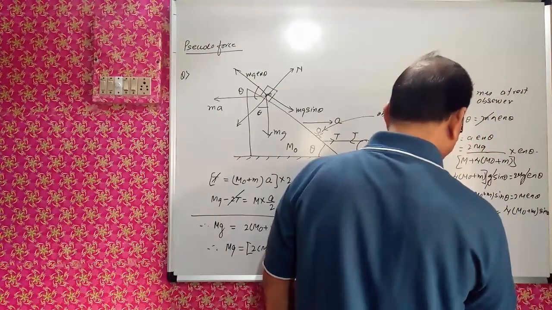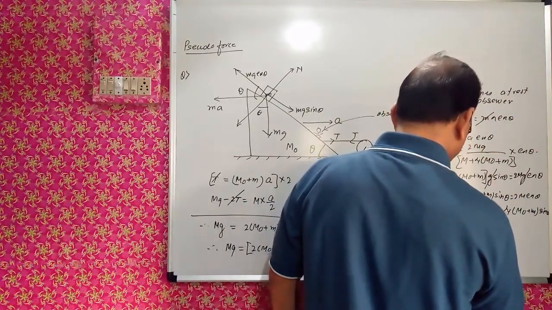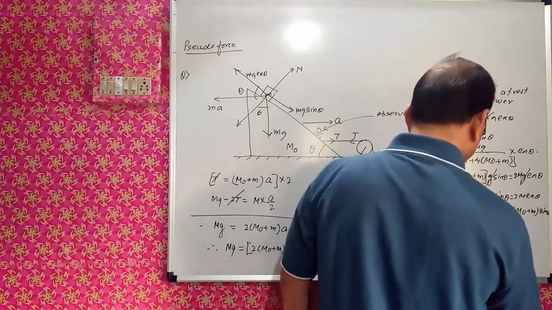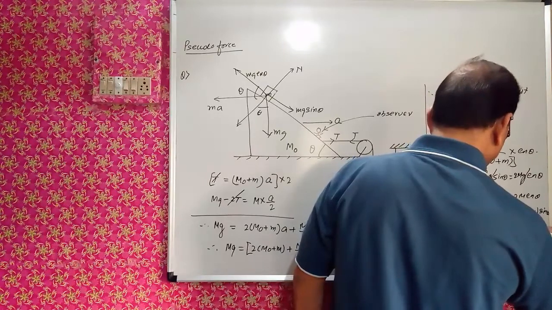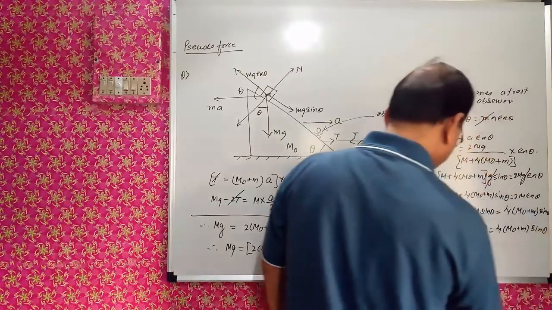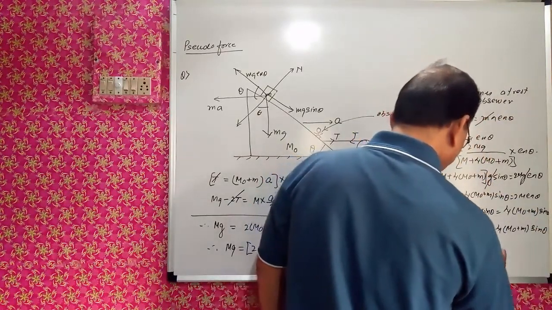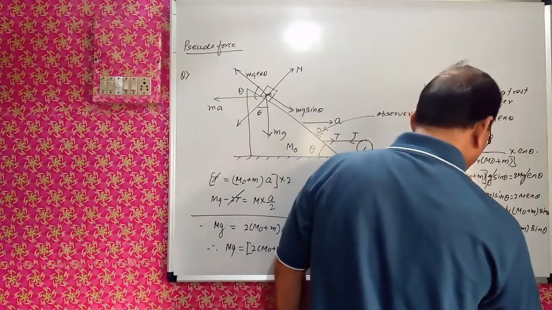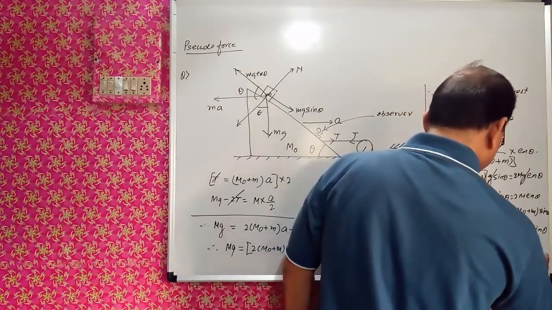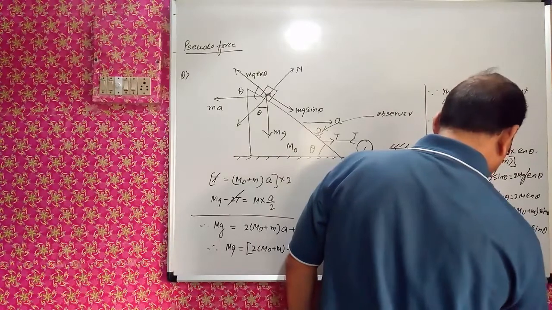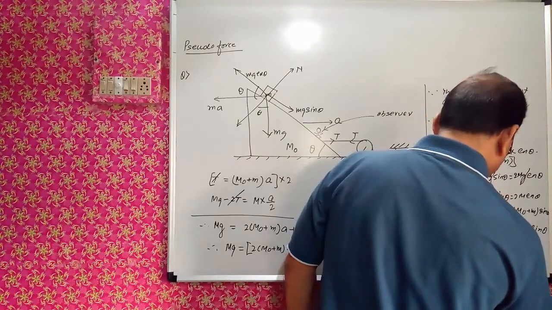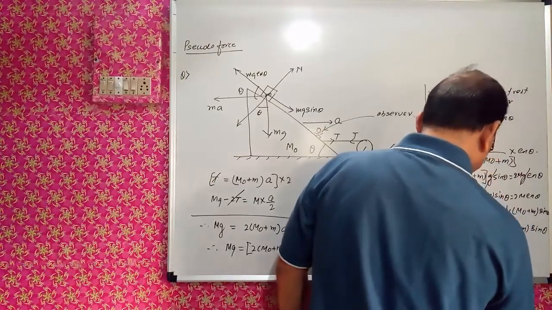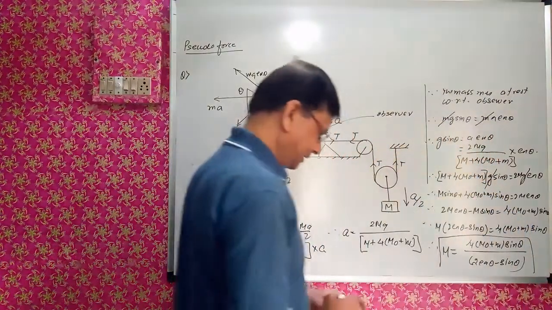Taking M common from here, we will get (2 cos theta minus sin theta) equal to (4m0 + m) sin theta. Therefore, M is equal to (4m0 + m) sin theta divided by (2 cos theta minus sin theta). This will be the mass.